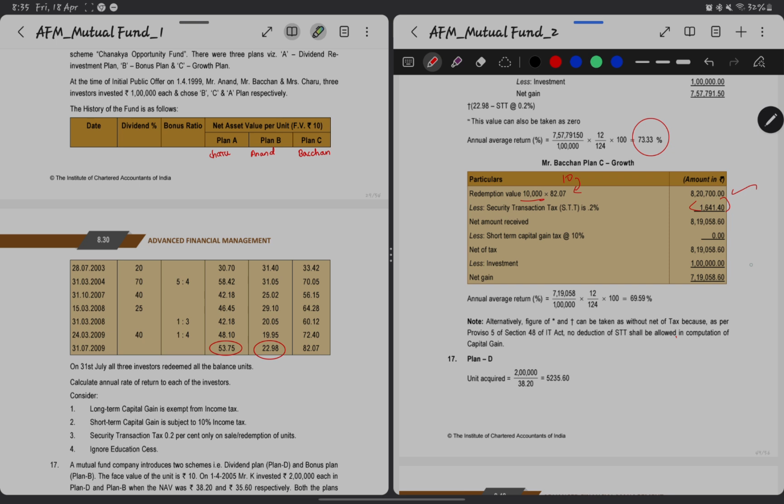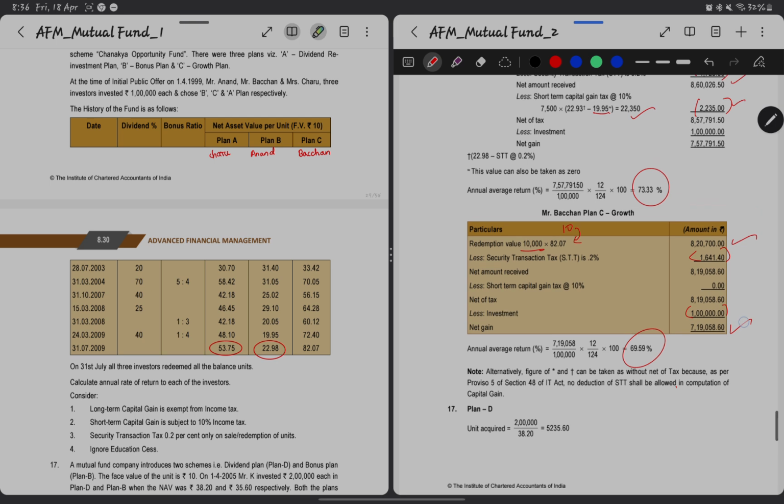Net of tax, then the investment we will be reducing from here. The net gain is 7,19,058 divided by 1 lakh, again same, multiplied by 12 divided by 124. Since the period of holding is 124 months, we want only 12 months, so divided by 124 into 12 will give us the annual average rate for a year, which is nothing but 69.79 in the case of Mr. Bachchan.